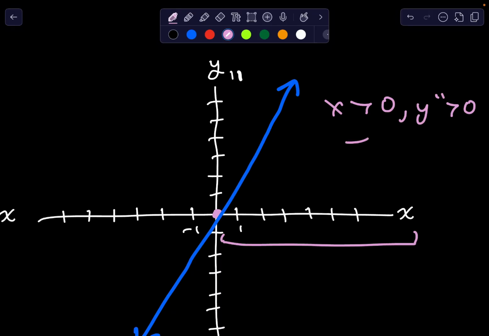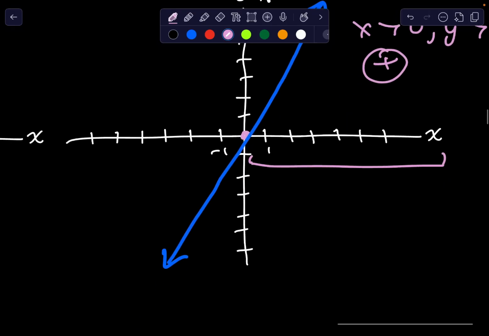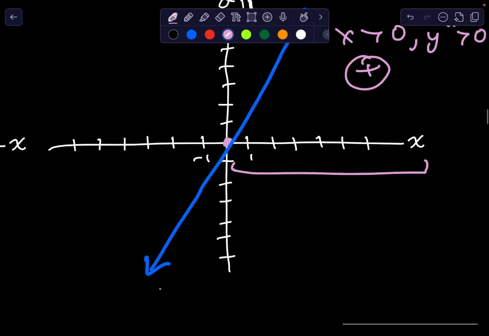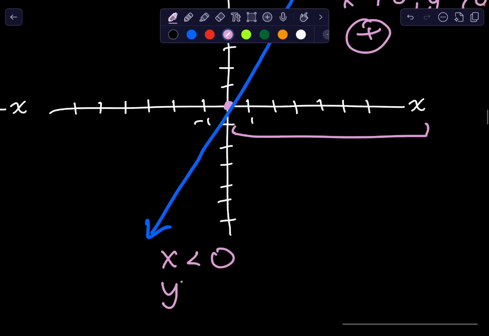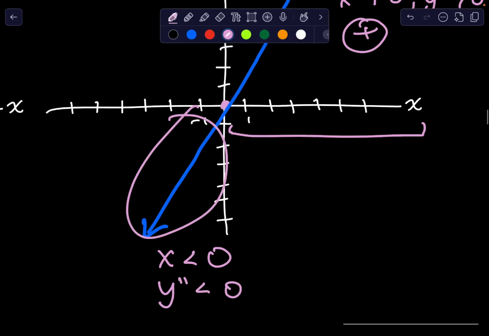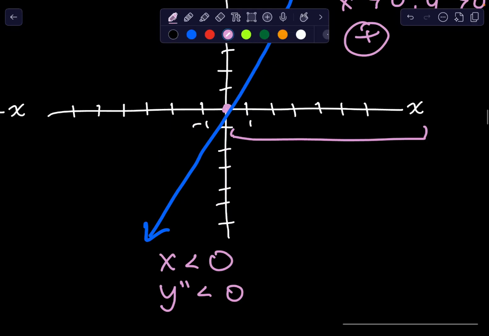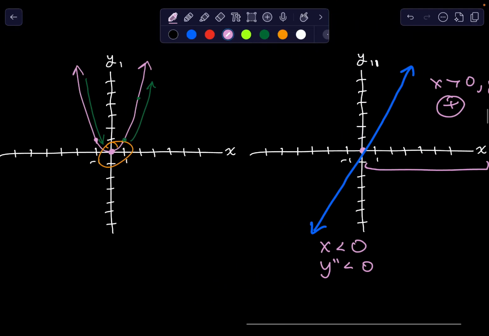It's positive, meaning we are concave up right now. But if we look in this section, x less than 0, when x is less than 0, y double prime is also less than 0, meaning we're concave down right here. And that's the same thing you could see over here.